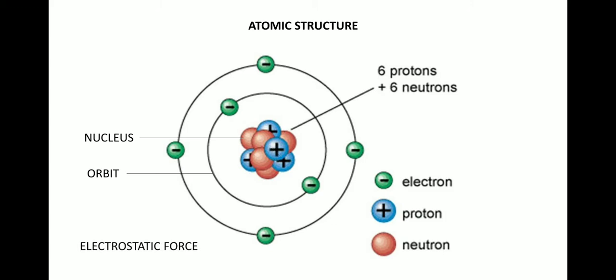So the electrostatic force is the force by which the electrons attract the protons; unlike charges attract, and like charges repel. So these forces are because of the electrostatic force.